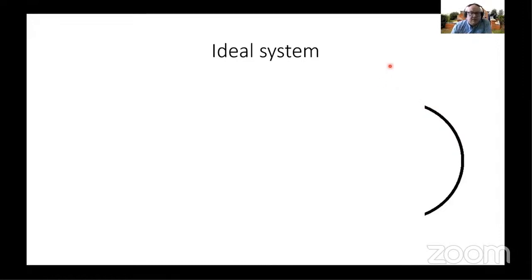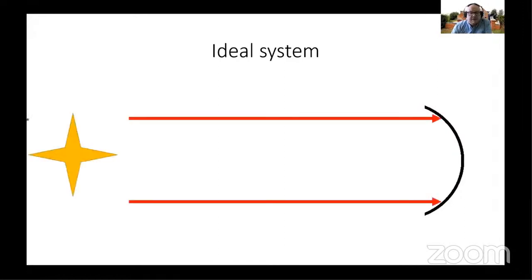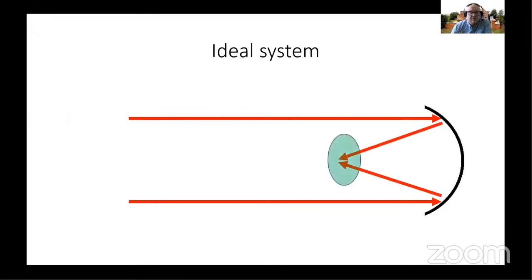So in an ideal system, we have a mirror in this situation, and we've got a distant star, and the light from the star is coming in through space, through the atmosphere, and being collected by our telescope, hitting the mirror, and is being brought to a focus. And so here we've got the light rays coming in, reflecting off the mirror, and they're reflecting uniformly, and this will be the focal point at the focal plane.